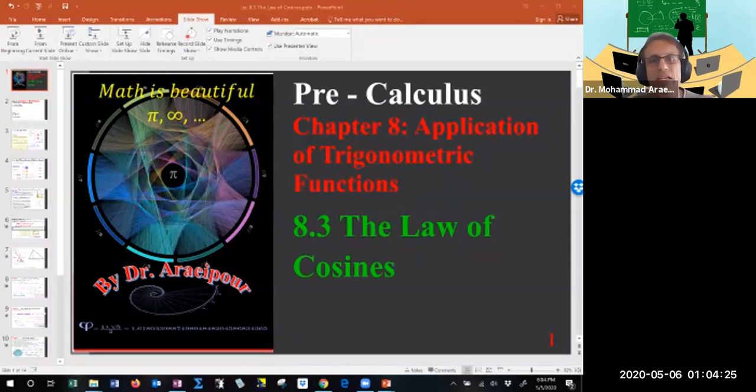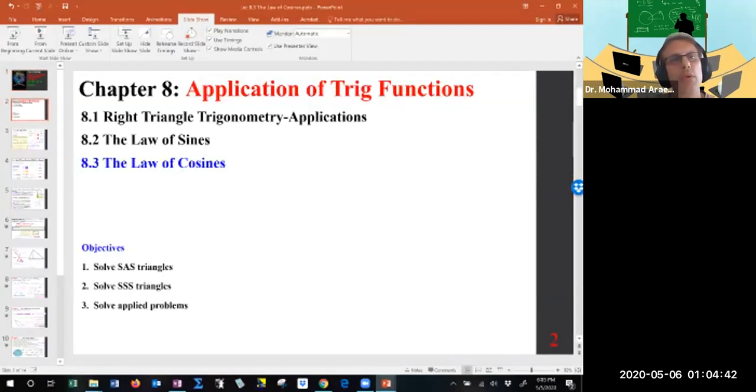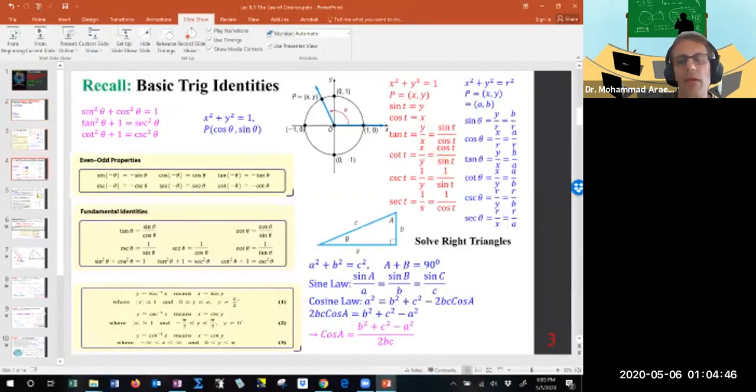We started section 8.3 last time, the law of cosines. So here's the synopsis of what we've done so far. We covered 8.1 and 8.2.